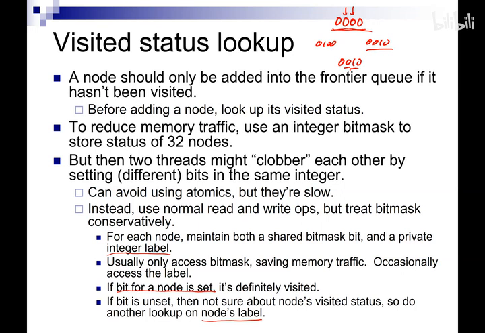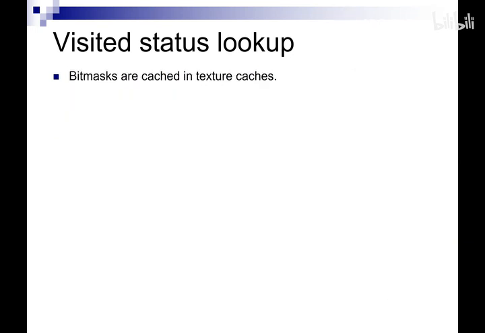Only when it says 0 do we need to check the label. So usually we're only checking the bit mask, and it's much more efficient because it's got 32 pieces of information in the same integer, compared to the label, which only has information for 1 node in the integer. So the idea is that usually we're going to save by doing this.